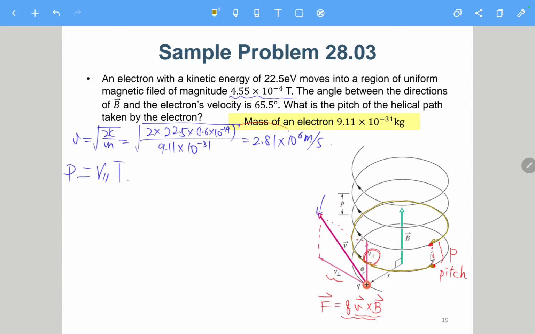So how long does it take to go for a circle? Actually there is some z-axis movement, so it doesn't really go back to the original point. This is the time it takes from here to here, and then the movement in the z direction. So we just multiply v parallel with the period, and this movement is the pitch of the helix line.